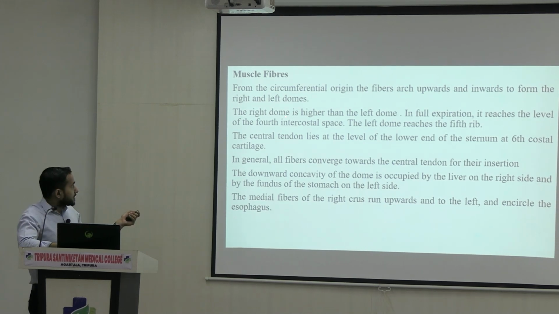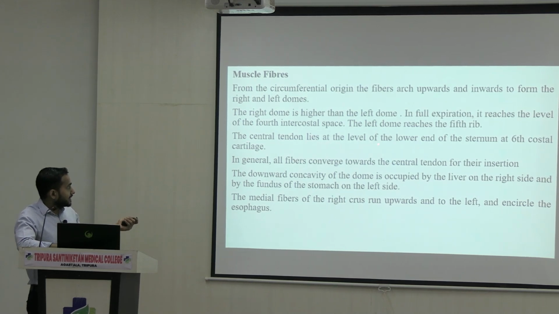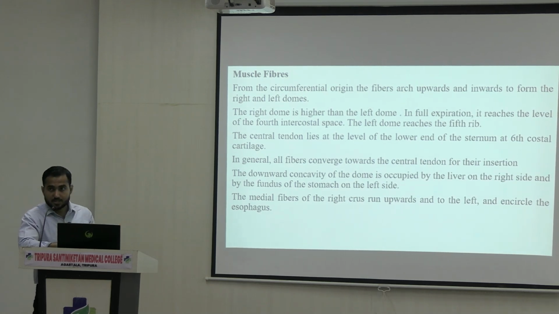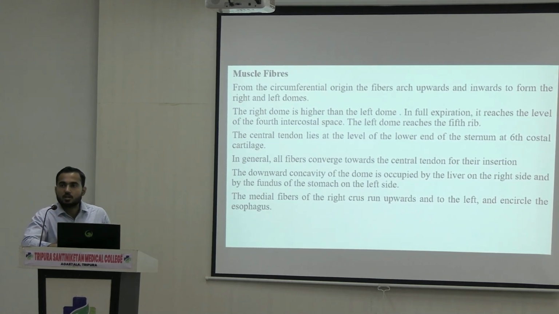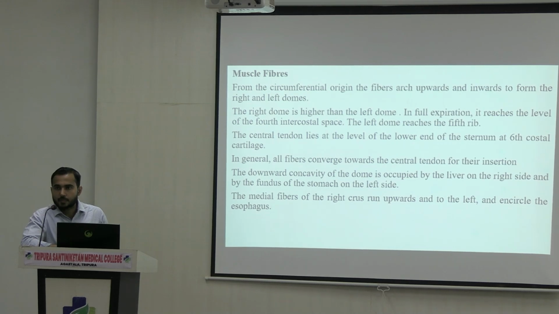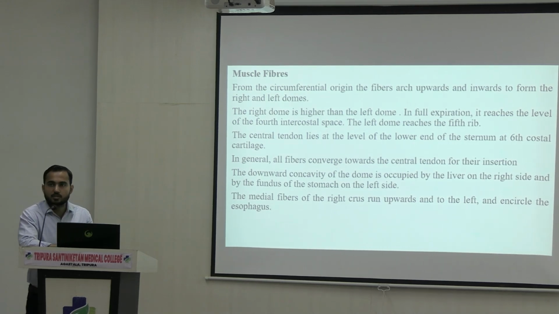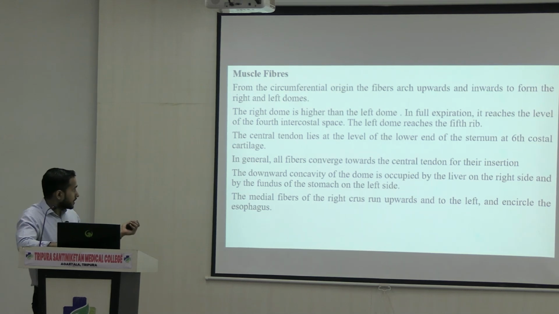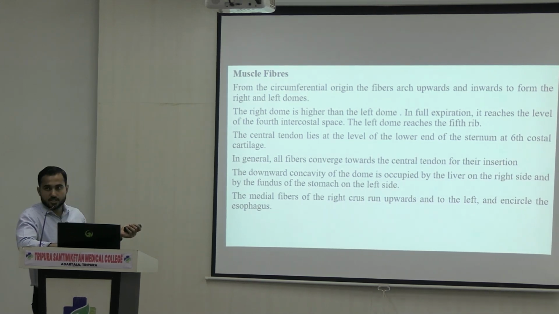Next, you can see right dome is higher, left dome is lower, already we have discussed. Next, the central tendon lies at the level of the lower end of the sternum, at the level of the 6th costal cartilage. This is the location of the central tendon of the diaphragm. Now, all the fibers converge towards the central tendon for their insertion.